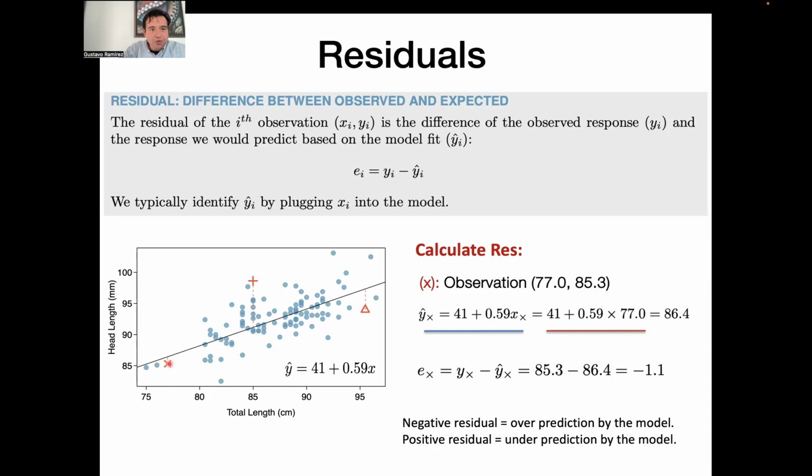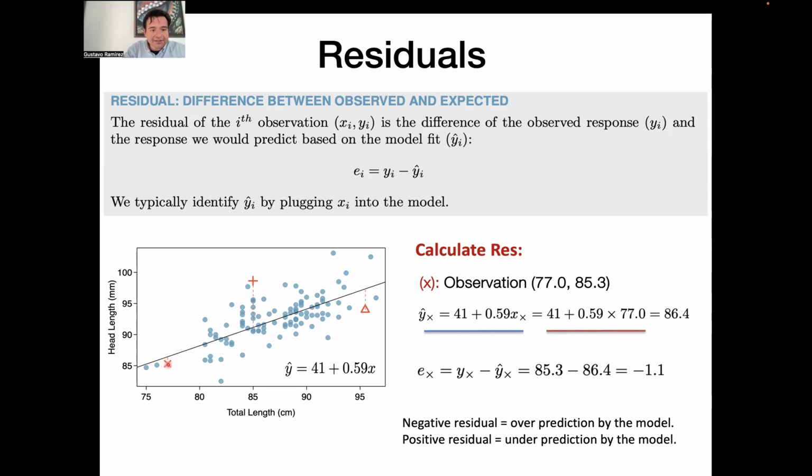This X denotes exactly where that animal's total body length and head length is, at 77.0 and 85.3 XY coordinates in this Cartesian coordinate plane. So that's where we're at with our true observation, and our model is this black line. At that predictor value, the model would say that we should have a longer length of head than we actually did.